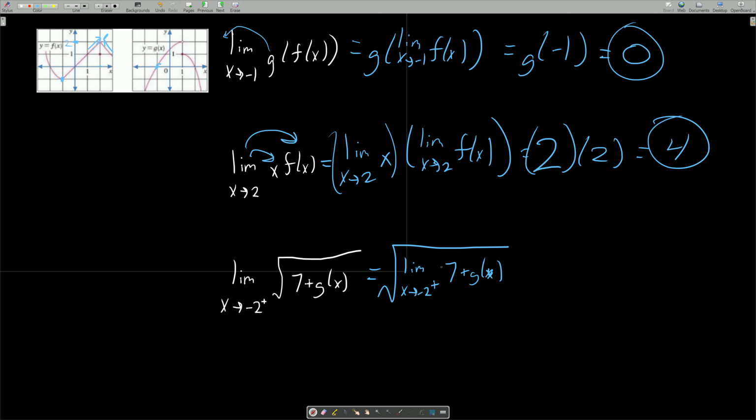Now what you do in this situation is you distribute the limit across both of these. So you get the limit as x approaches negative 2 from the right of 7 plus the limit as x approaches negative 2 from the right of g of x. And again here, you have a constant. This 7 here is just a straight line, really.